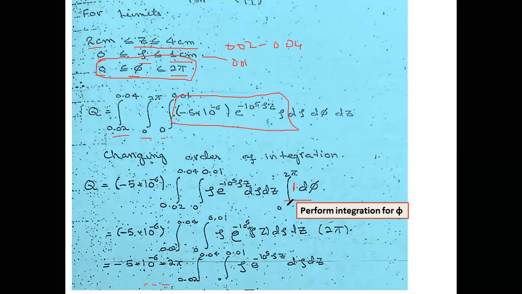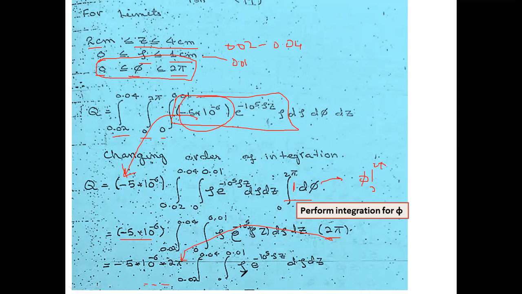The integration of 1 will be phi, replacing the limits of 0 to 2 pi, so we will have 2 pi minus 0, which is 2 pi. As this is a constant value, we shift it outside the integration and merge it with this value. This is also constant, so we take it outside the integration so that the calculation becomes easier.